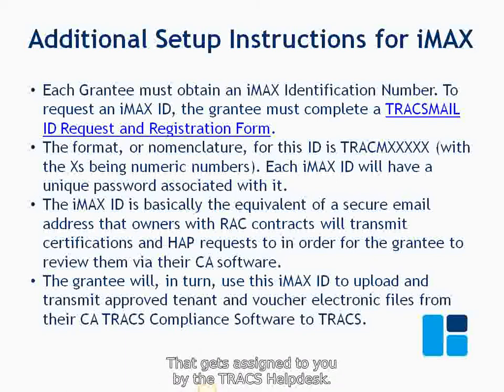So if you have not received a Trax mail ID, I've given you the hyperlink to fill out the form where you tell the Trax help desk that you are a contract administrator that needs a Trax mail ID for the 811 PRA program, and they will issue you a unique Trax ID that is just for your entity, and your owners will know that that's the inbox that they need to send their files to when they're transmitting through IMAX.